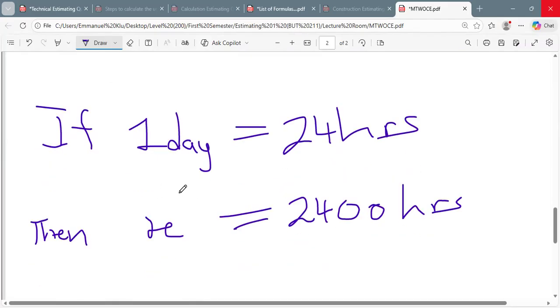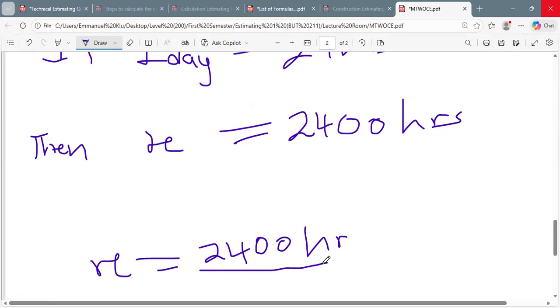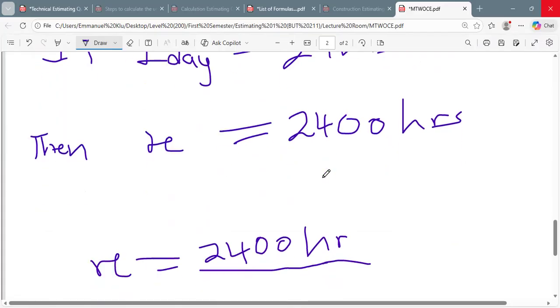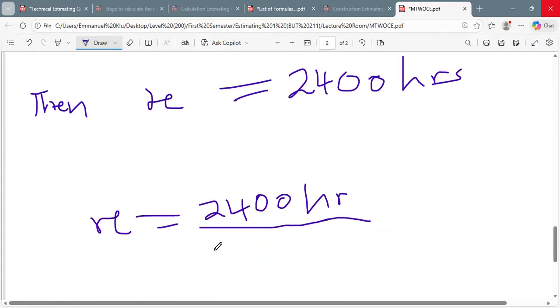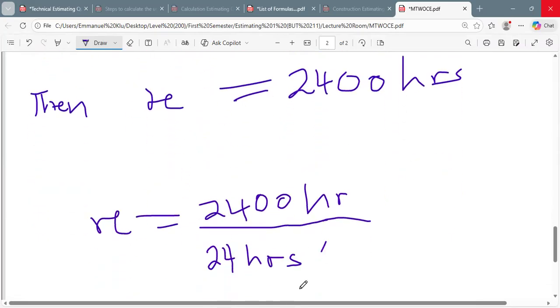So now what do we do? We have to just do cross multiplication. After the cross multiplication, you realize that your x is going to be equal to 2,400 hours all over 24 hours. Remember, this guy is in days. Okay, so per day.